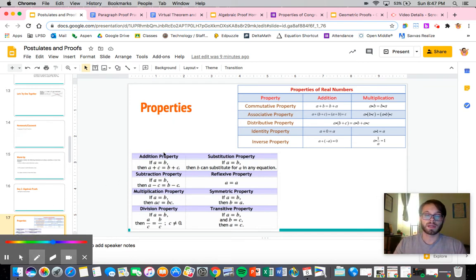In particular, this table over here proves to be really useful for us when we're actually trying to solve things using algebraic proofs, right? The addition property where you can just add something to both sides, subtraction, subtract something from both sides, multiplication, division.